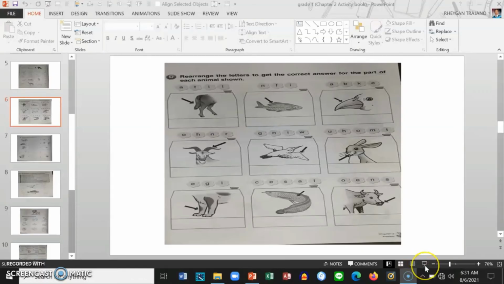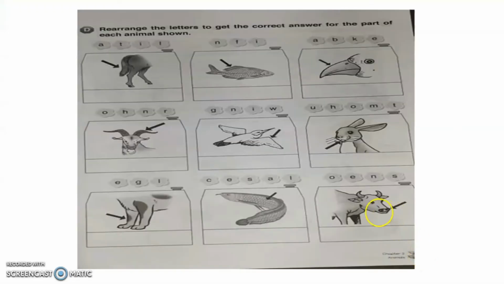Okay, good morning, students. Now, today in your activity, please open your book. In letter D, rearrange the letters to get the correct answer for the parts of each animal shown. So we have different parts of the animal.